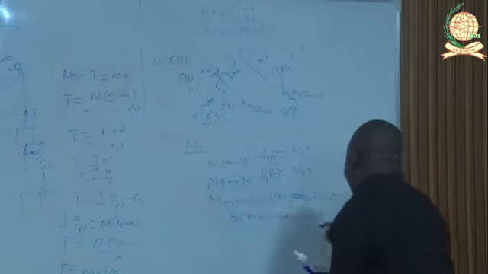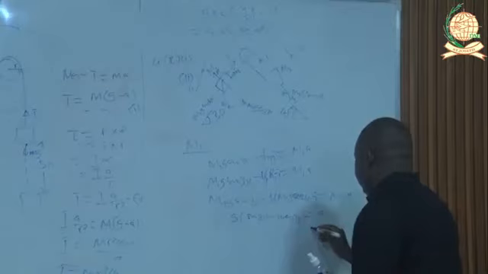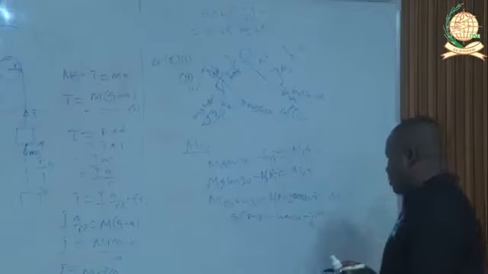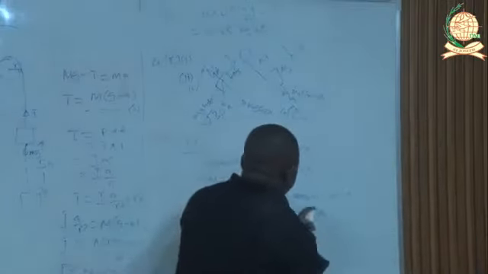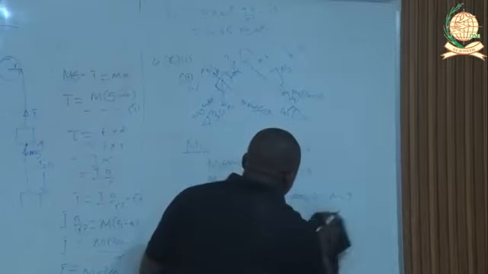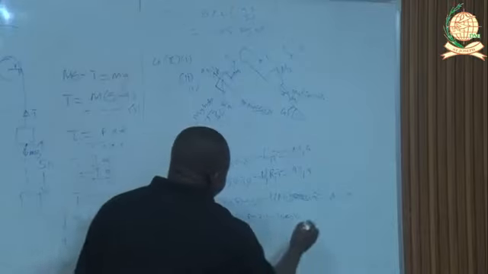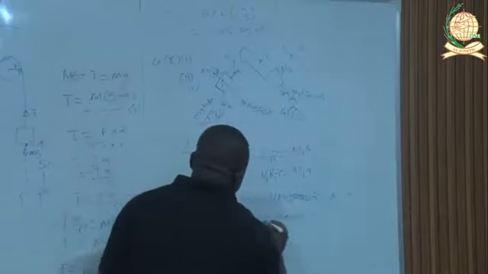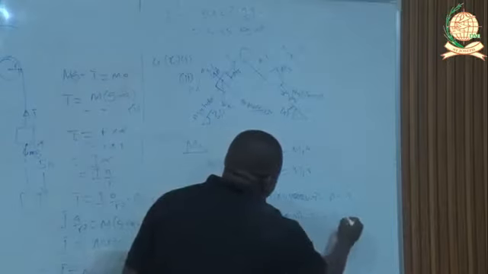So instead we can just write M1 g sine 30 minus friction minus tension, this is the bracket, equals M1 a.